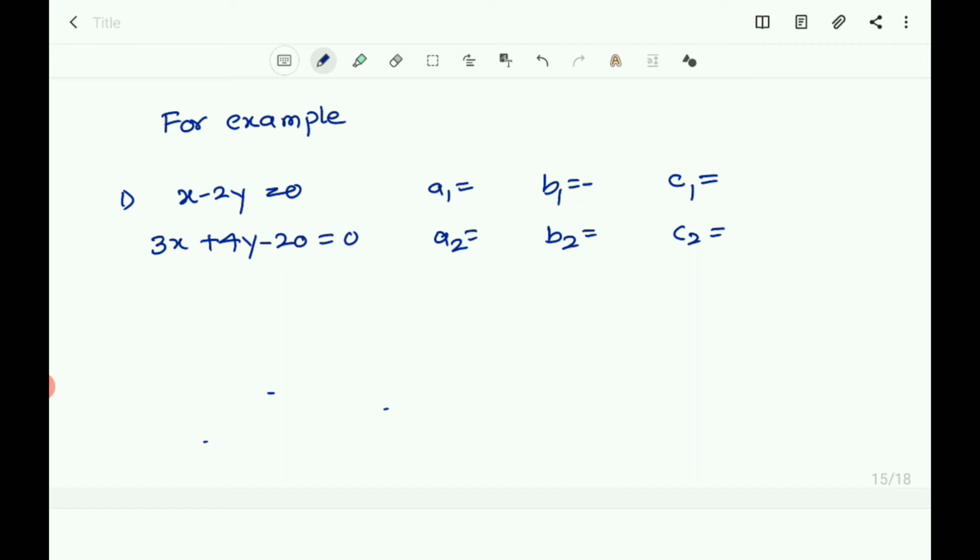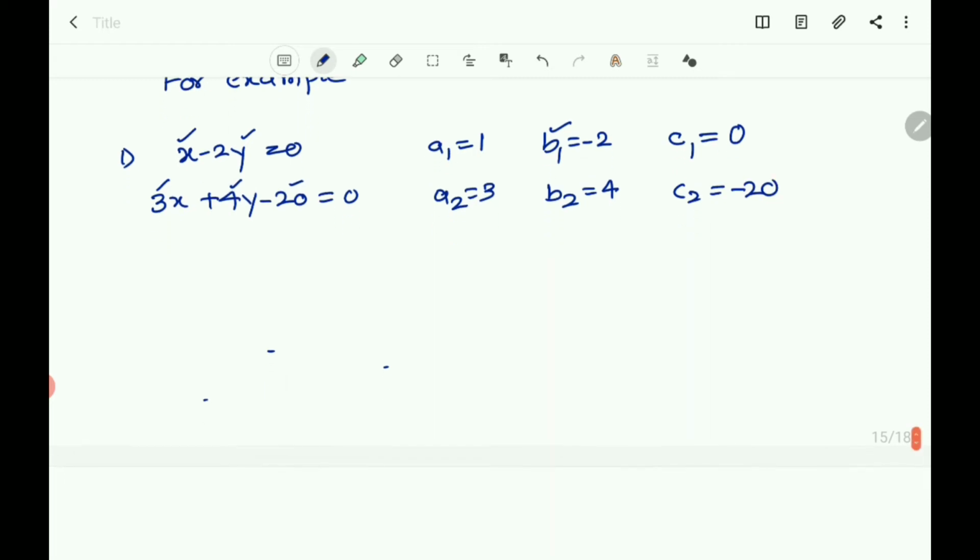So a1, the coefficient of x, is 1. b1, the coefficient of y, is minus 2. And c1, the constant, is 0. For the second equation, a2 is 3, b2 is 4, and c2 is minus 20.